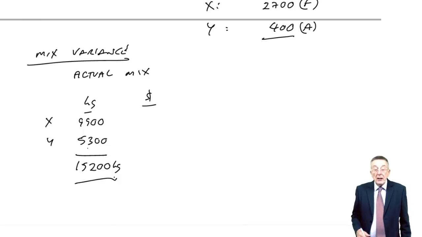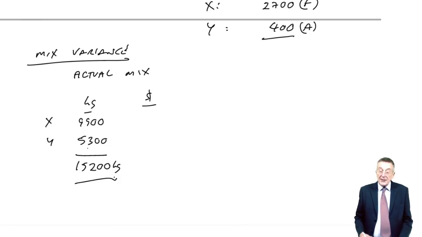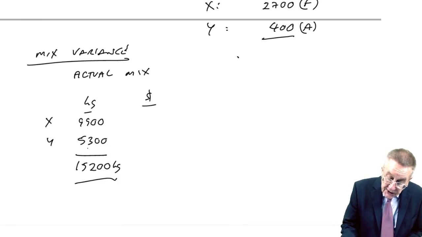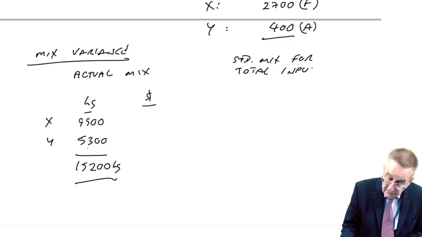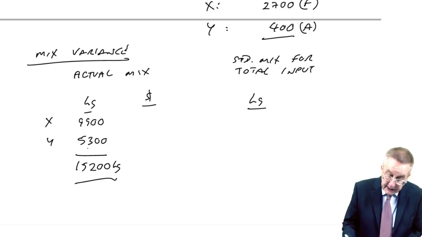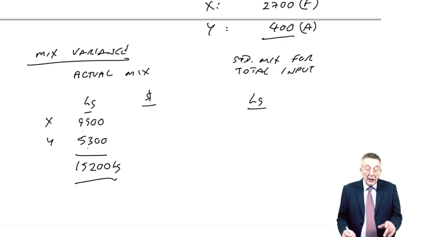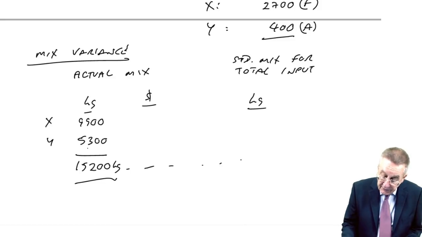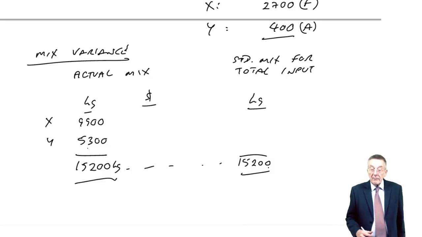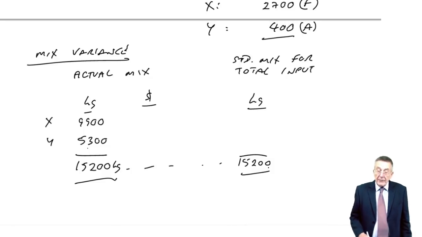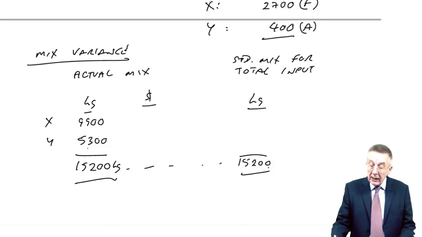Well, I'm going to look at how we should have mixed it. The standard mix for the total input. And what do I mean by that? Well, the total we put in, rightly or wrongly, we bought a total of 15,200. How should I have split that between X and Y?